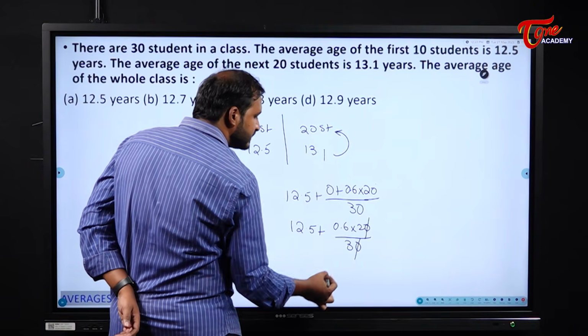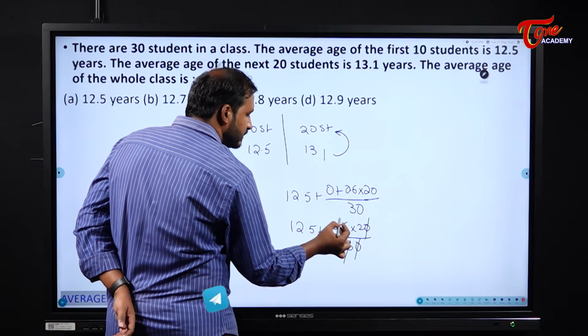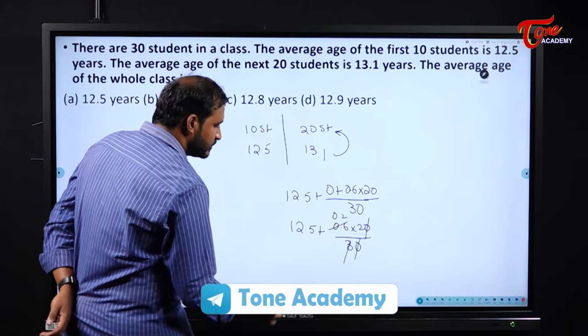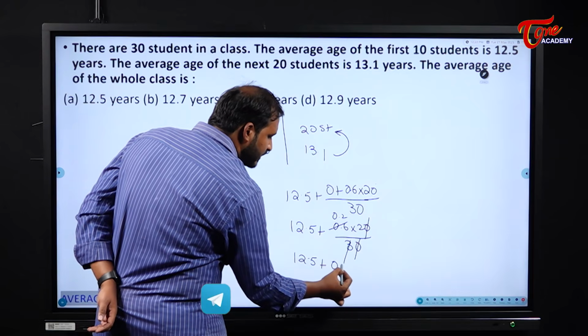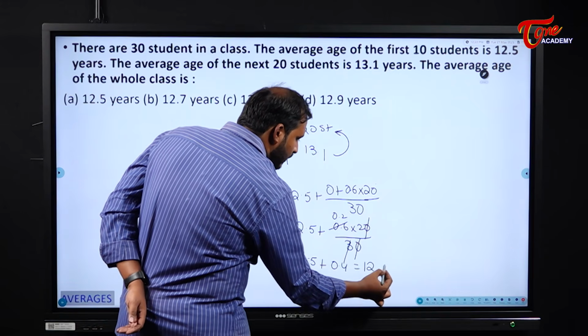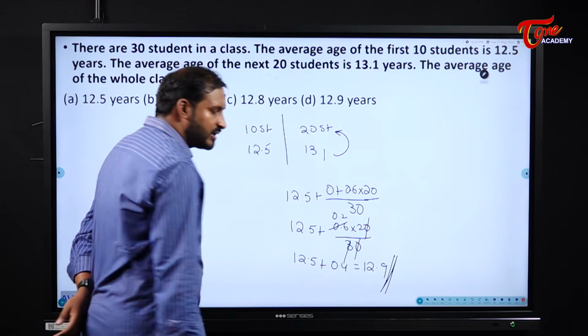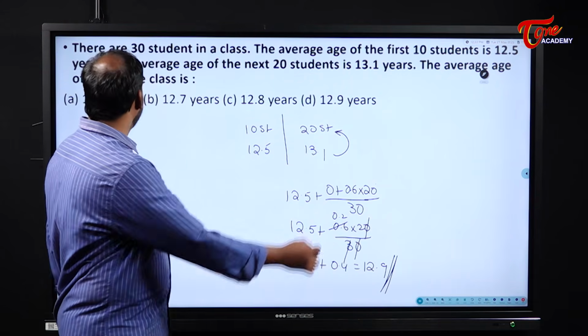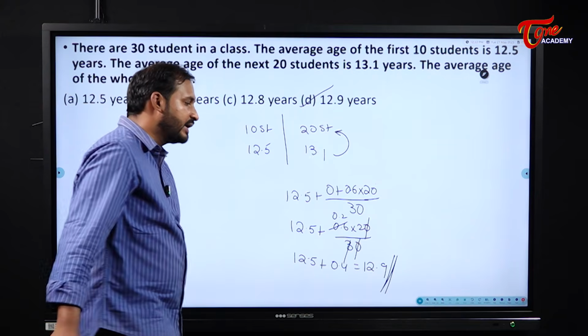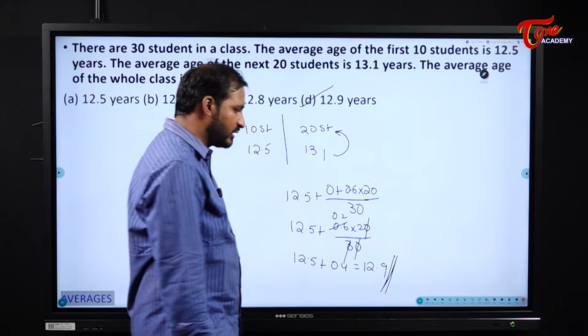The zeros cancel, 3 ones 3, so 0.2. So 12.5 plus 0.2 into 2, which is 0.4, becomes 12.9. So the new average is 12.9. 12.9 years is the overall average age of the whole class.